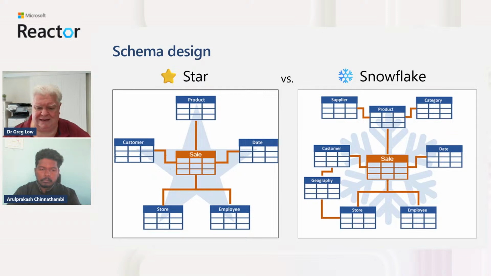But the product doesn't stop there, right? The product is then in a category and the product is in a supplier. So this forms what they consider a snowflake, where the points out on your star end up having additional points surrounding them. That still makes sense. We might want to analyze the sales by that category or by the supplier and so on.